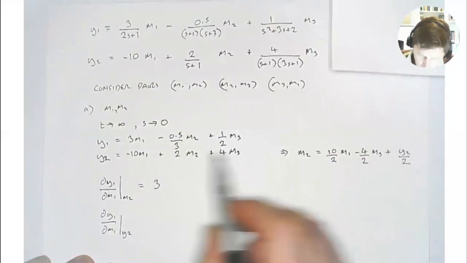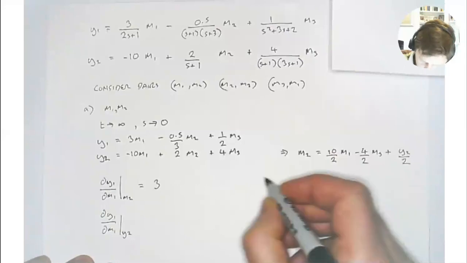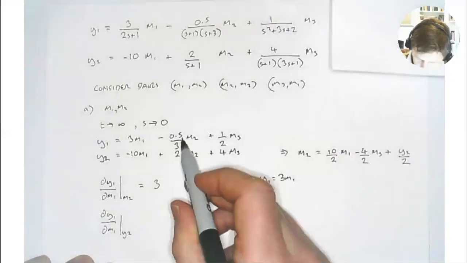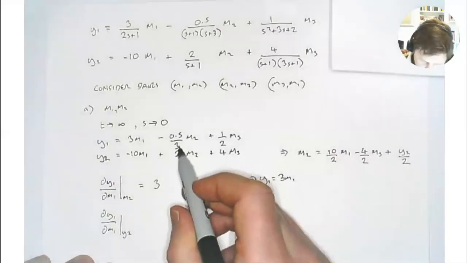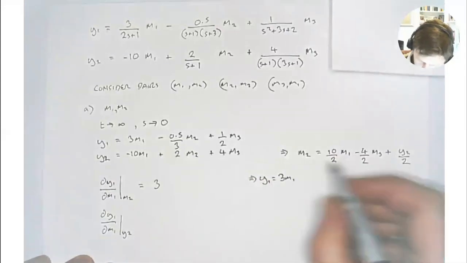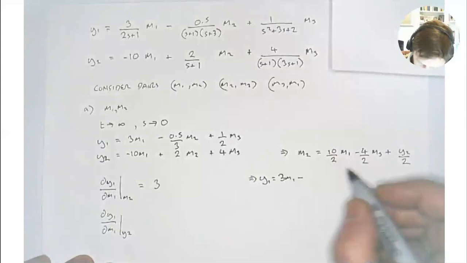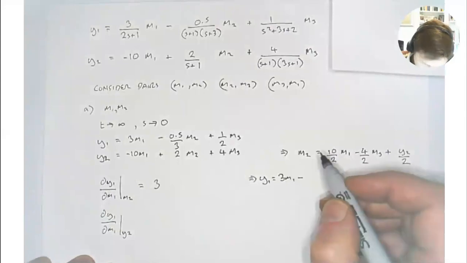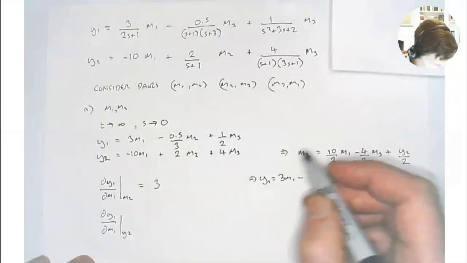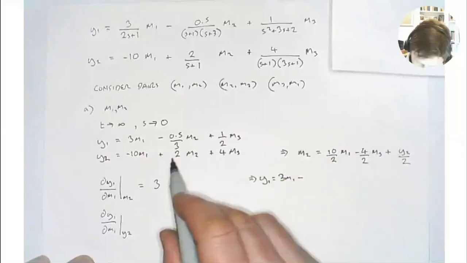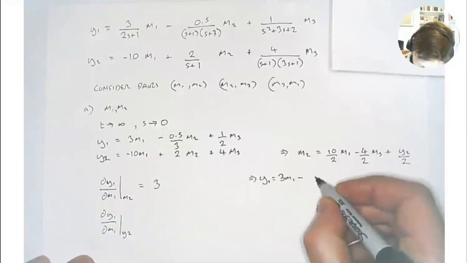And then we substitute that into our first expression. That tells us that y1 is equal to 3m1 minus 0.5 over 3 times m2, which is the same as 1 over 6.